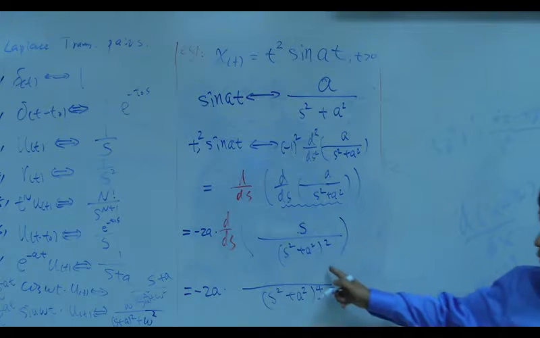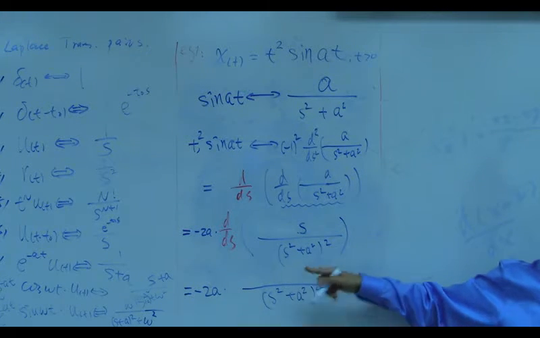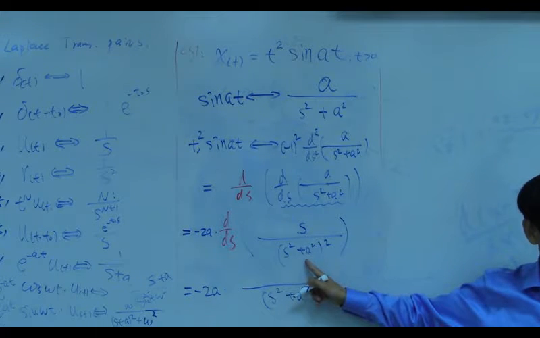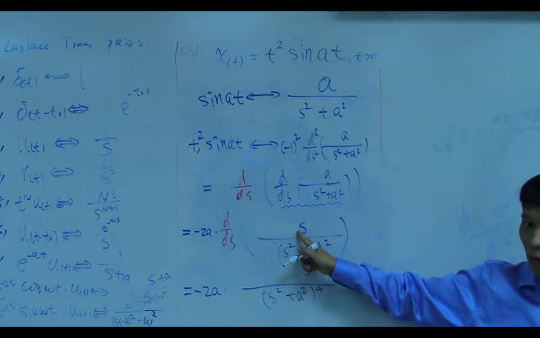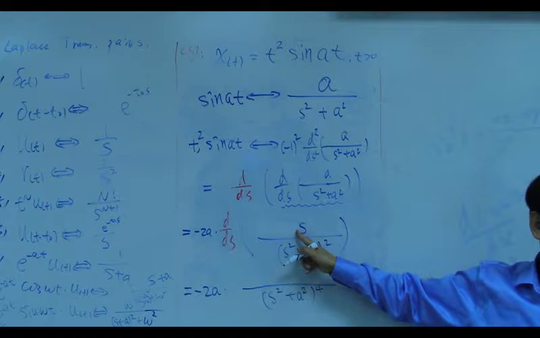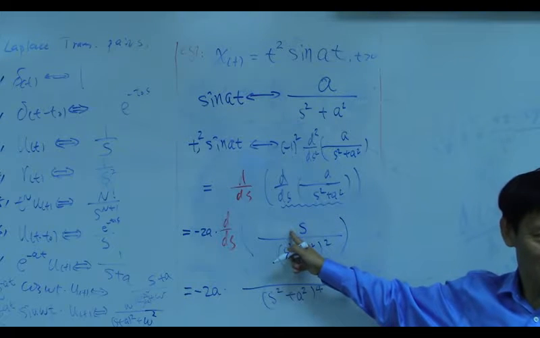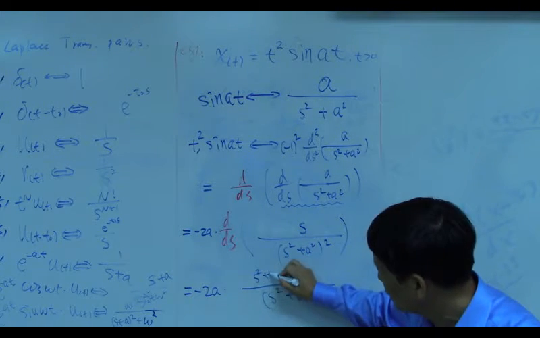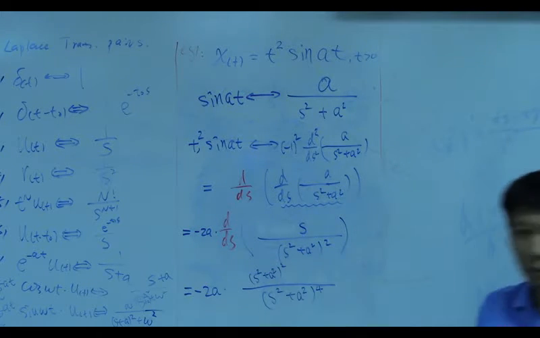Now on the top, that will be a differentiation of this times this minus this one times differentiation of this. So the first one is derivative of s equals 1. Okay, good. This is 1, right? Then times this one. So I just write s squared plus a squared then squared.